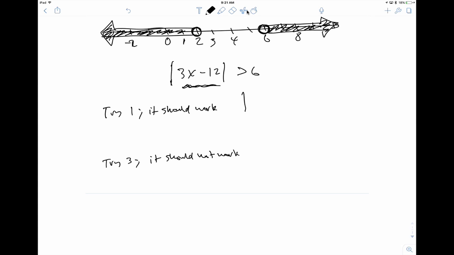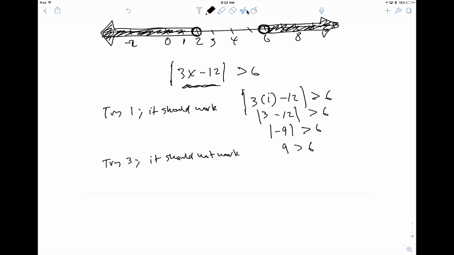All right, here it is, back to the original inequality. The absolute value of 3 times 1 minus 12 should be greater than 6. 3 minus 12, absolute value, greater than 6. 3 minus 12 is the absolute value of minus 9, greater than 6. The absolute value of minus 9 is 9, and 9 is greater than 6.